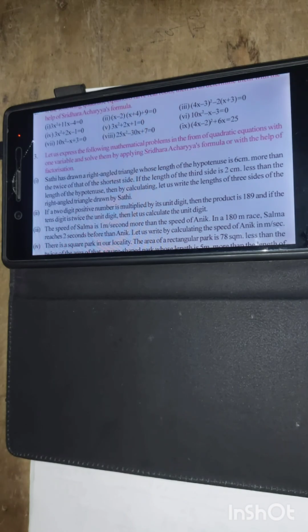Sathi has drawn a right angle triangle whose length of hypotenuse is 6 centimeter more than the twice of the shortest side.